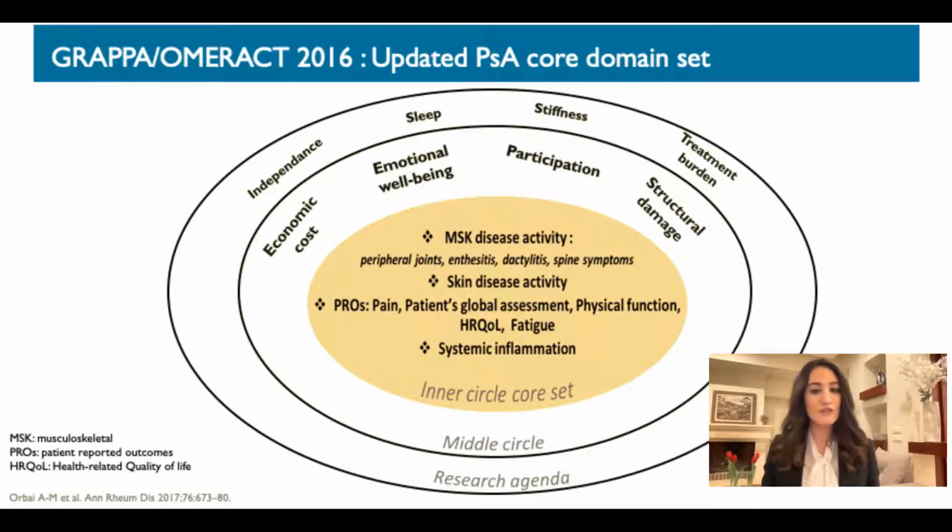And there are several other domains proposed in the core set that are important, but not mandatory to assess. So, although the core set lists domains to be assessed in psoriatic arthritis, there is currently no real consensus on the best outcome measure to assess each domain.